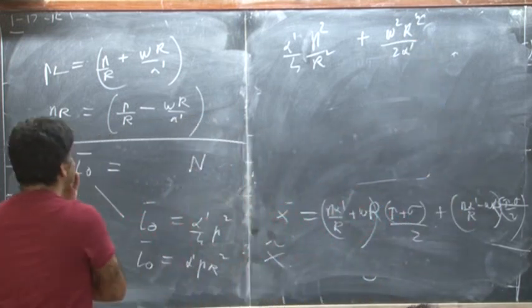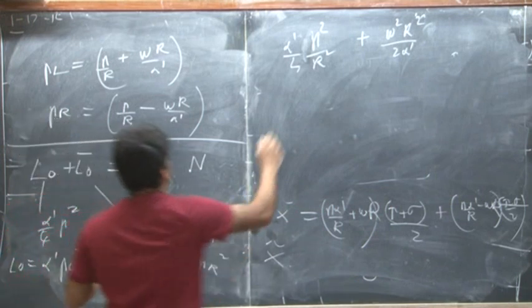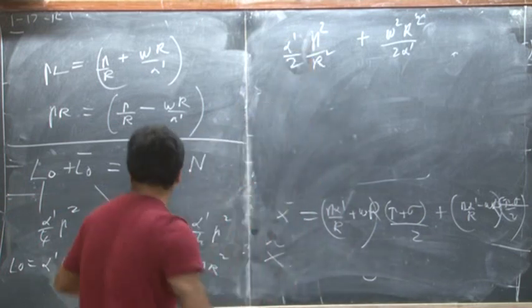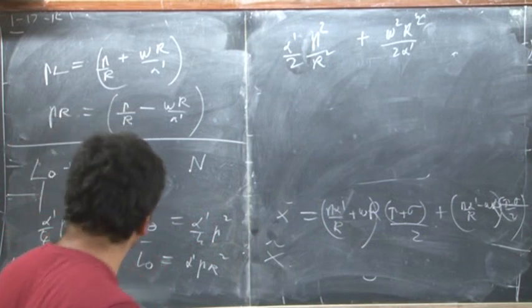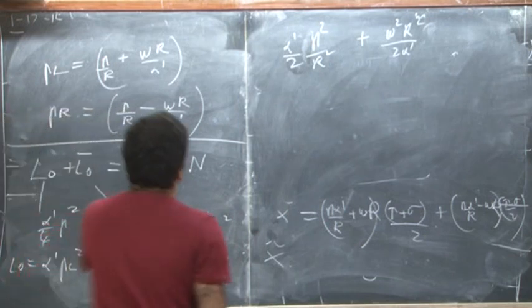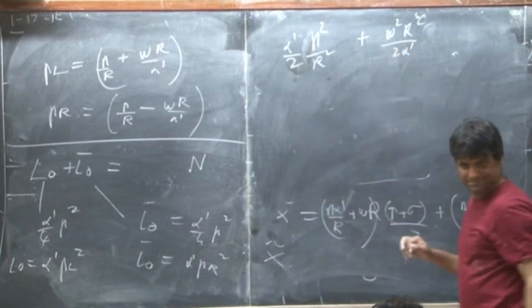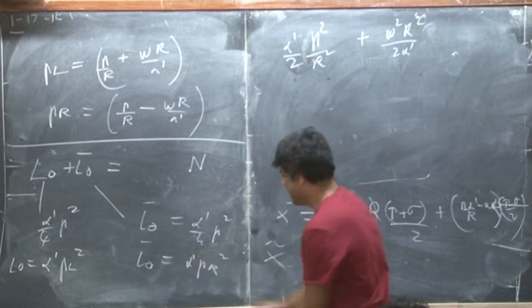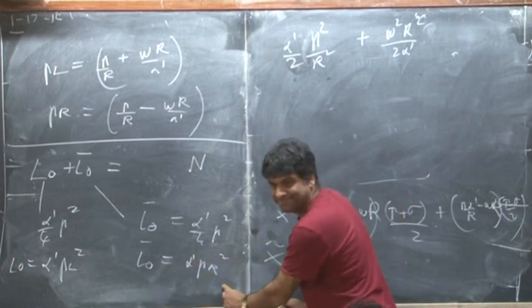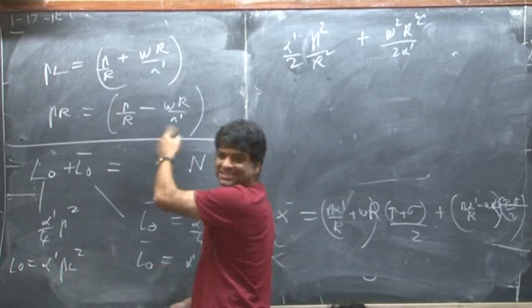So the full energy is kinetic energy plus potential energy. It's easy to check that this is the same as alpha prime p right squared plus alpha prime p left squared; just the cross terms cancel.